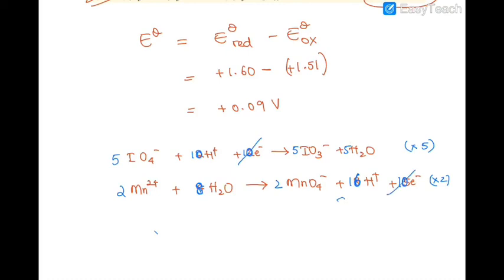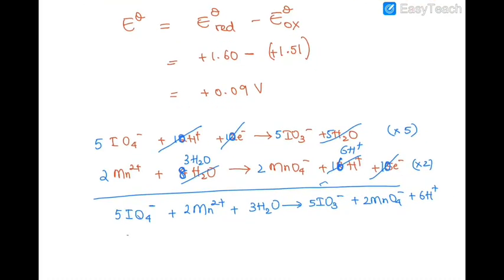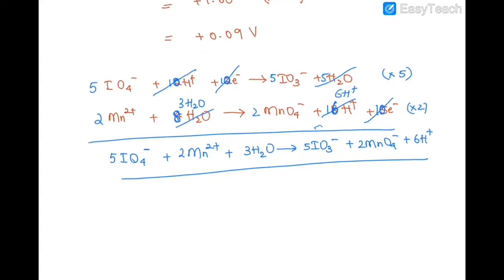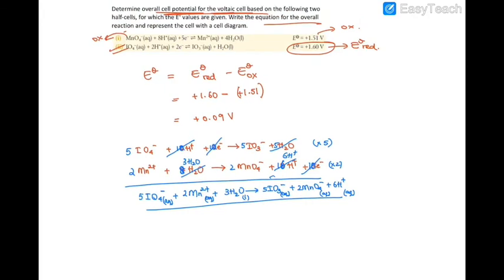The number of electrons cancel out, so you end up with this overall equation. Note that the H2O and the H+ will also adjust themselves. So 10 and 6, so you have 6 H+ on this side. Here you have 8 and 5, so 8 minus 5 is 3, because you have more on this side, so 3 H2O here.